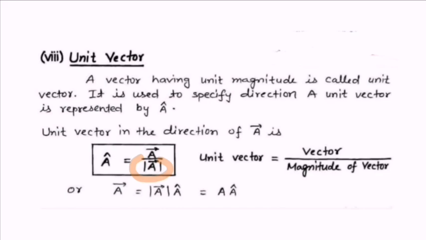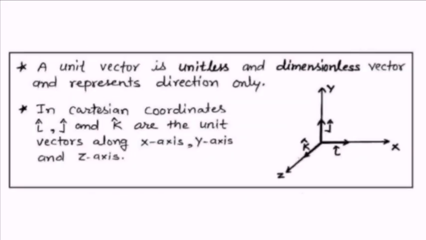And this vector can be written in this form: magnitude of vector multiplied by unit vector will be equal to vector A. A unit vector is unitless and dimensionless and represents direction only.